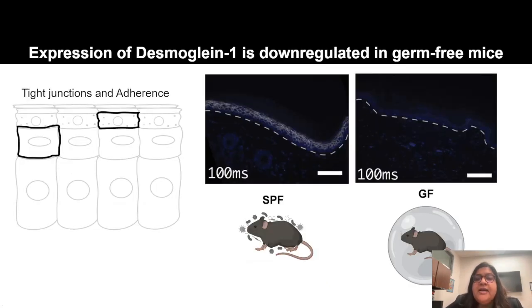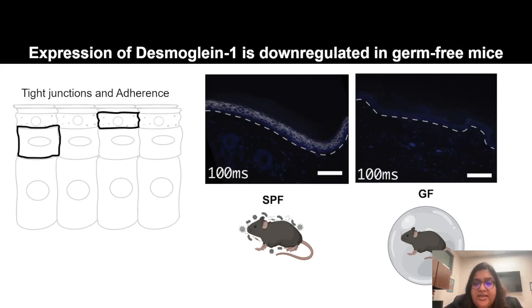If we look at how the keratinocytes are packed, we can stain for a gene called desmoglein 1, which basically stains tight junctions and adherence junctions of these skin cells. And we see that in SPF mice, as you can see, there's a beautiful reticulate pattern of desmoglein staining, whereas in germ-free mice, that is extremely downregulated and almost diffuse.